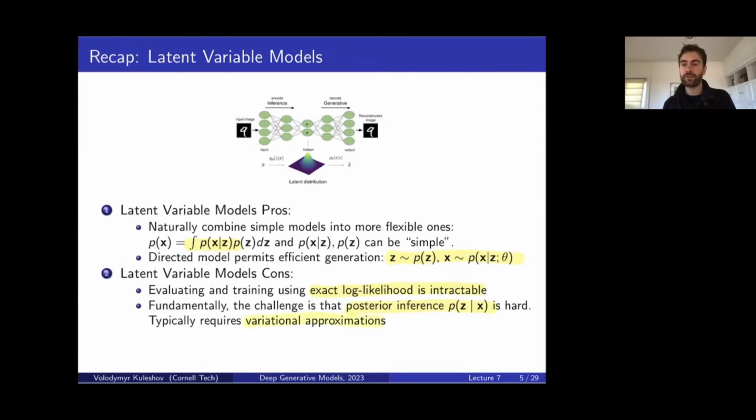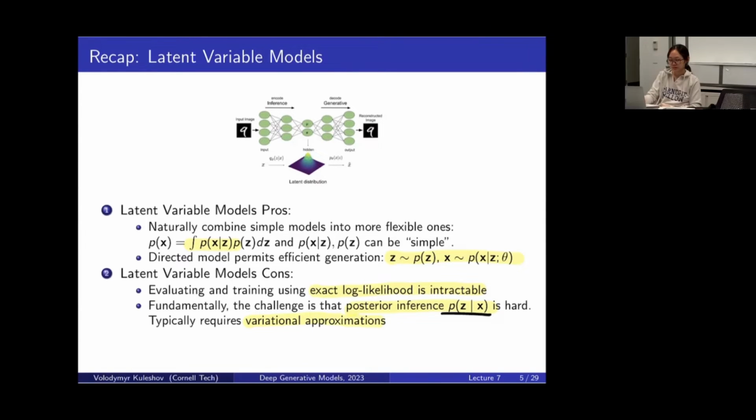Variational inference allows us to perform approximations of this posterior. So instead of computing the exact P of Z given X, we compute an approximate Q of Z given X and use that to do approximate inference and to approximate log likelihood learning.